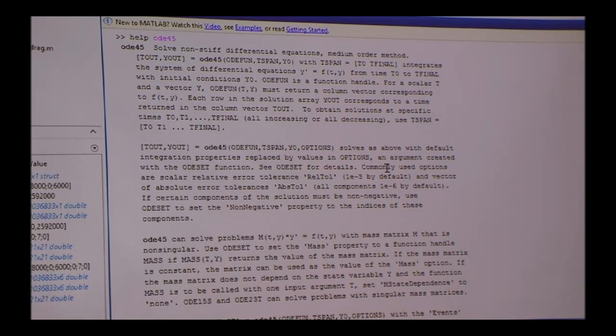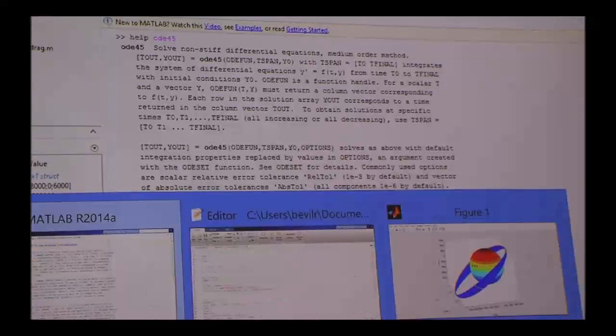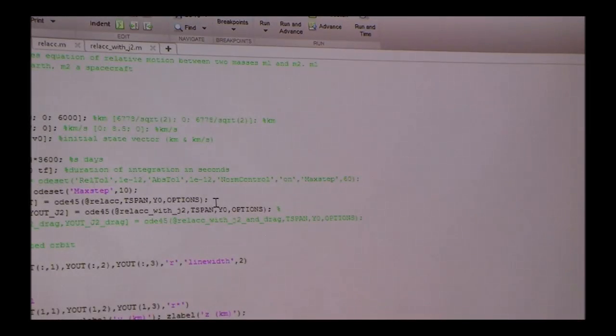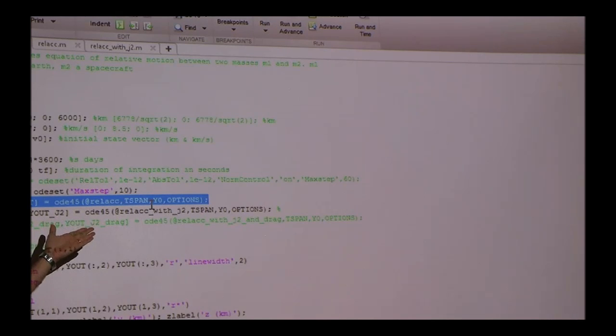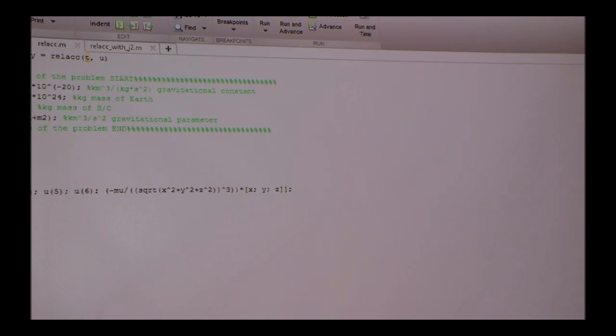You call that function ODE 45, as I am doing here. Yes, one example is here. You have to call it on top of some differential equation. So this command, at rel ACC, relative acceleration, is a function that I have created, and we'll discuss it.